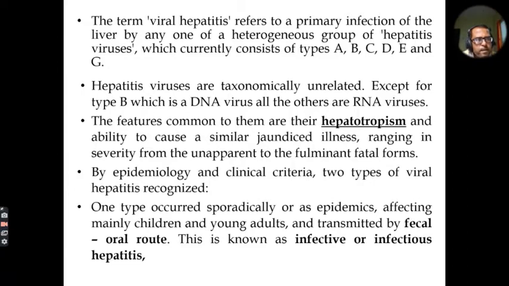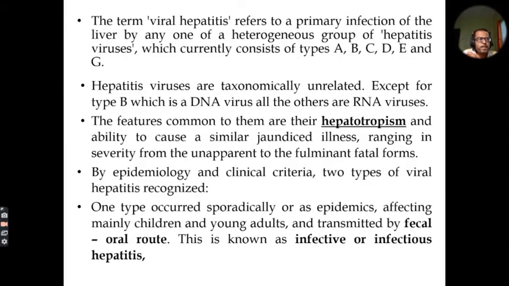But here the hepatitis B virus contains DNA as a genetic material, while the rest of the members of these hepatitis viruses contain RNA as a genetic material. And all this group of viruses have a common feature. That feature is known as hepatotropism.